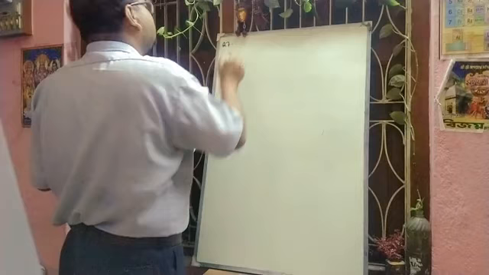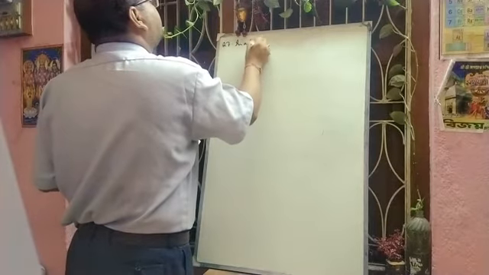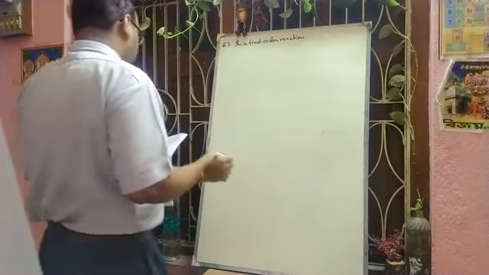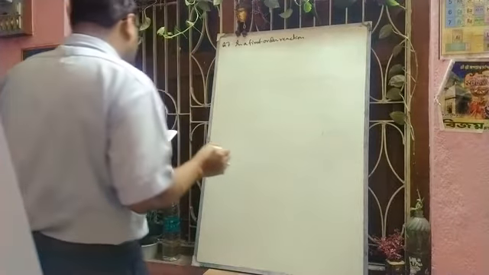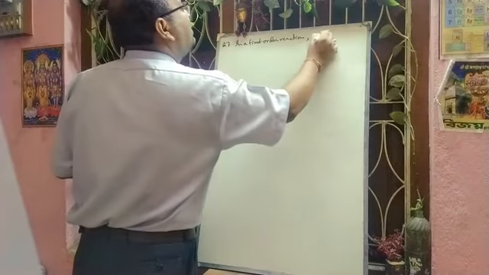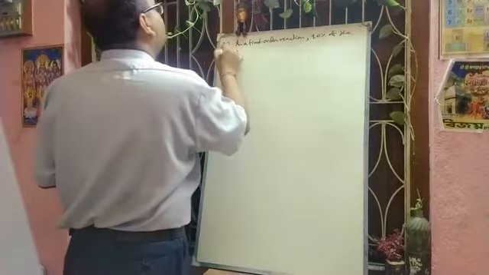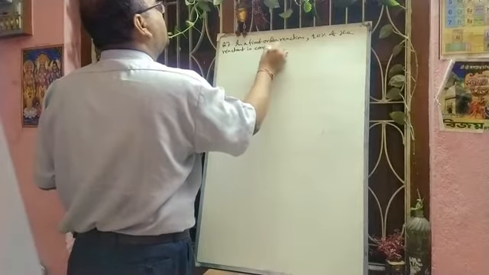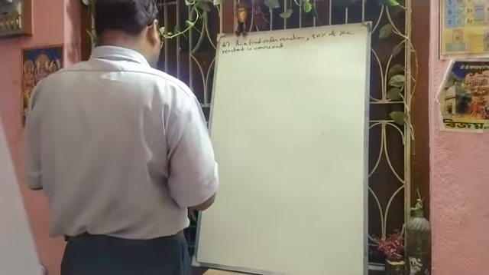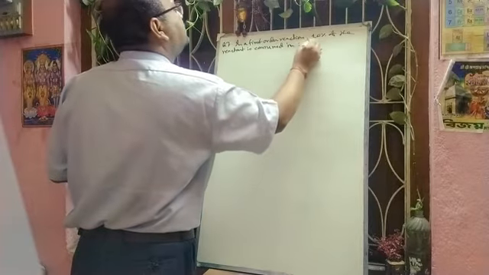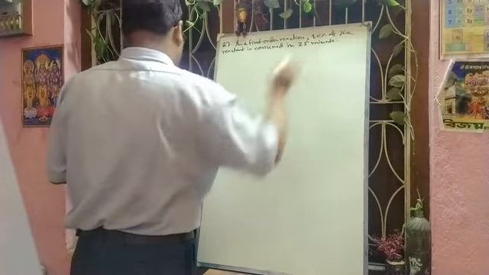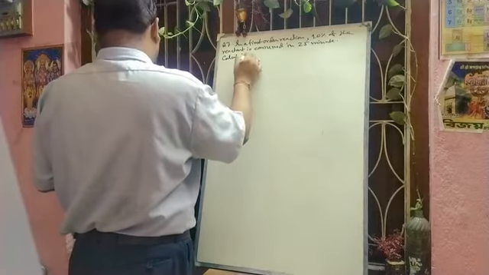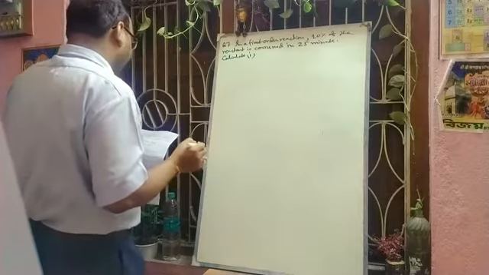In a first order reaction, 10% of the reactant is consumed in 25 minutes. Calculate, first, the half-life period of the reaction.